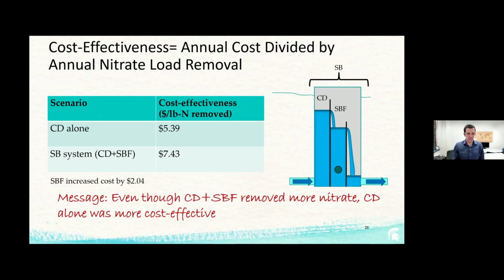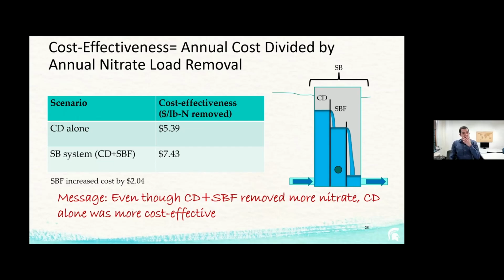The message here is that I want you to know that this SB system did remove more nitrogen than the controlled drainage component, of course. Even though the whole system together removed more nitrogen, when you look at the cost effectiveness, the dollars that were put in to remove nitrogen, the CD alone was more effective.